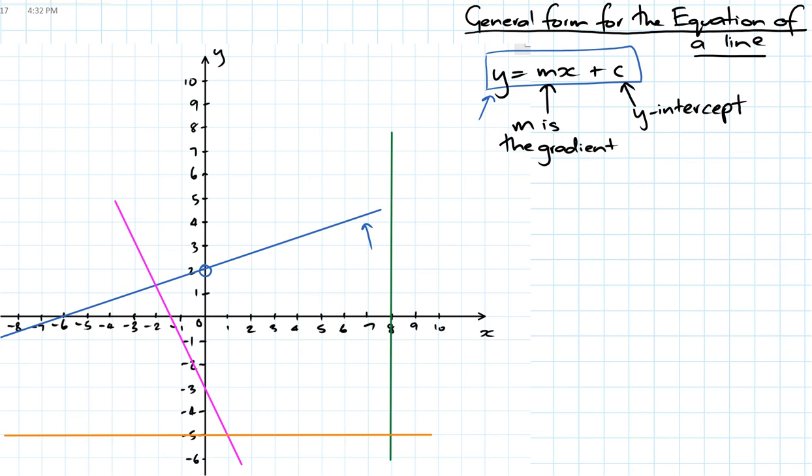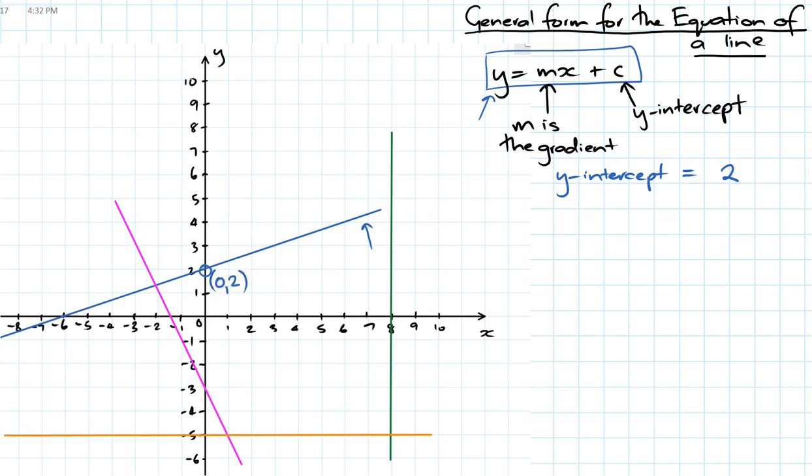So if we're just thinking about that blue line, we know that the y-intercept is equal to 2. For the gradient, we're going to use the change in y over change in x, and we want to identify 2 points on this line, so 2 definite points. Let's use the y-intercept. So that coordinate is (0, 2).